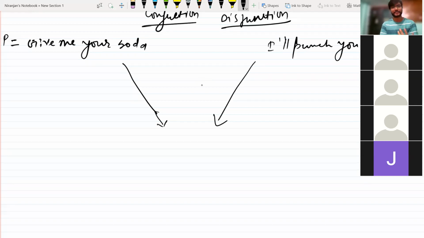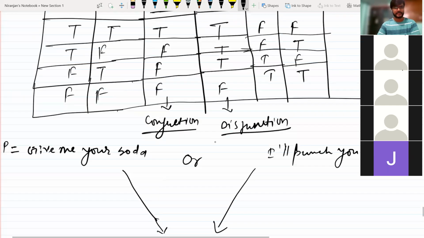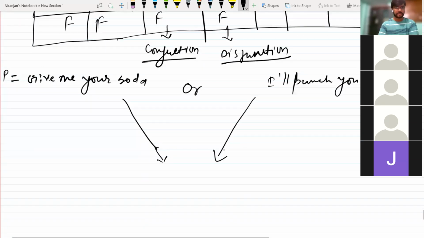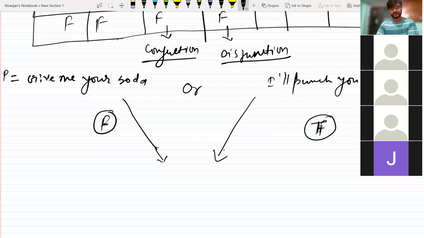So give me a soda or I'll punch you. So if I take operation or here and I say that this is false, meaning that you did not give me a soda and I still punched you.